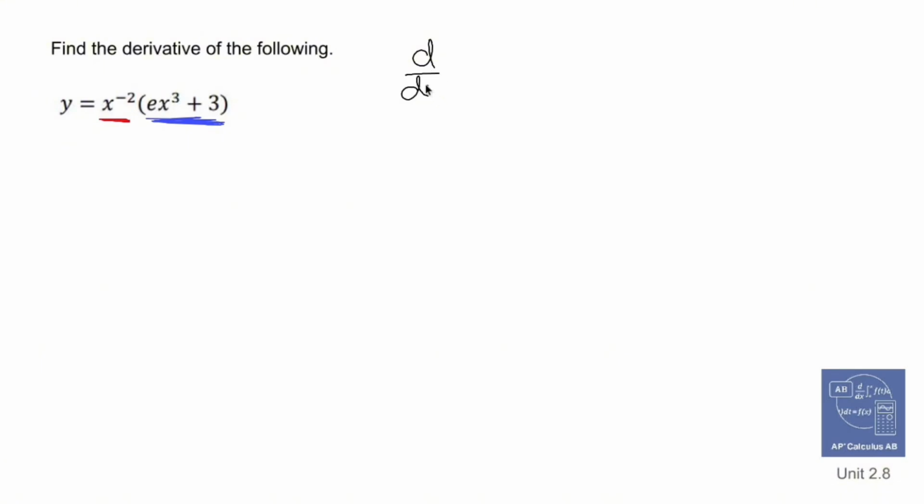The way I handle product rule is if you have a function times a function, I like to call it u times v, you take the derivative of the first function and multiply it to the second function as is. Then you add the derivative of the second function multiplied to the first function as is. So following these steps, y prime is the derivative of the first function.